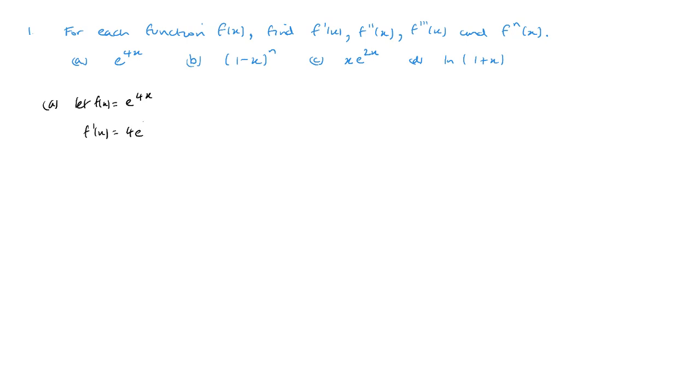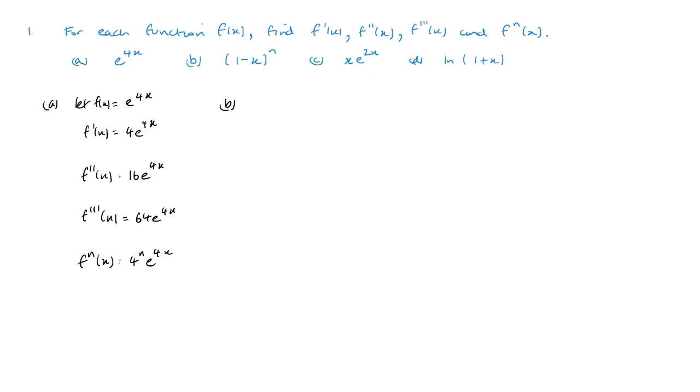So f dash will become 4e to the 4x. Differentiate the second time will be 16e to the 4x. Differentiate the third time would be 16 times 4, 64e to the 4x. That means the nth one is 4 to the power n, e to the 4x.